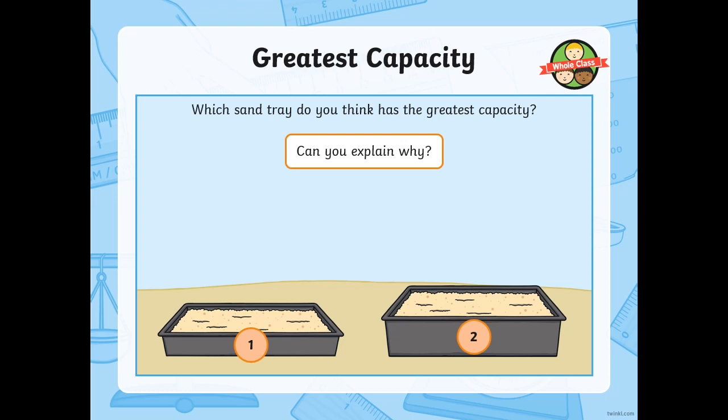Which sand tray do you think has the greatest capacity? Can you explain why? Tray 1 has a capacity of 5 spades.